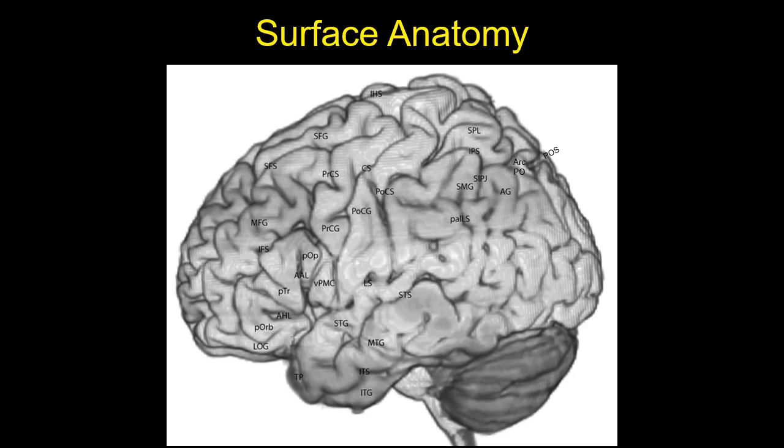Moving on to the temporal lobe, we have the superior, middle, and inferior temporal gyrus. In the parietal lobe, we have the superior parietal lobule here. We have the supramarginal gyrus just behind the postcentral sulcus, as well as the angular gyrus, divided by the Jensen sulcus.